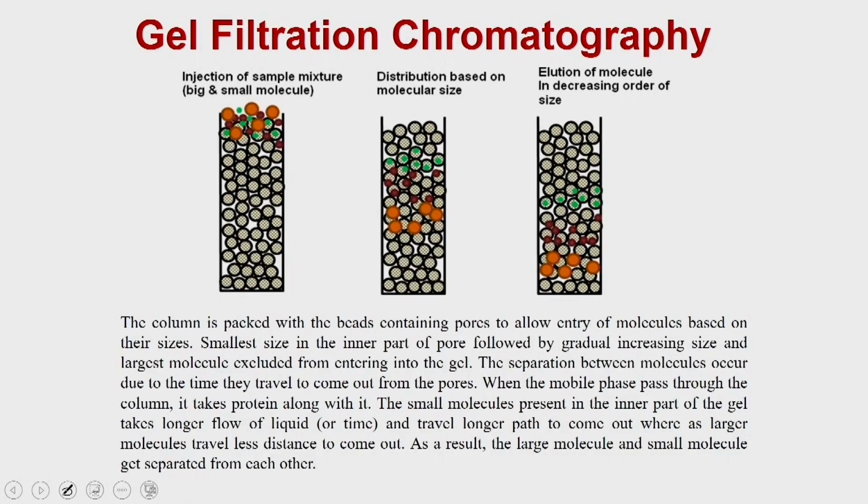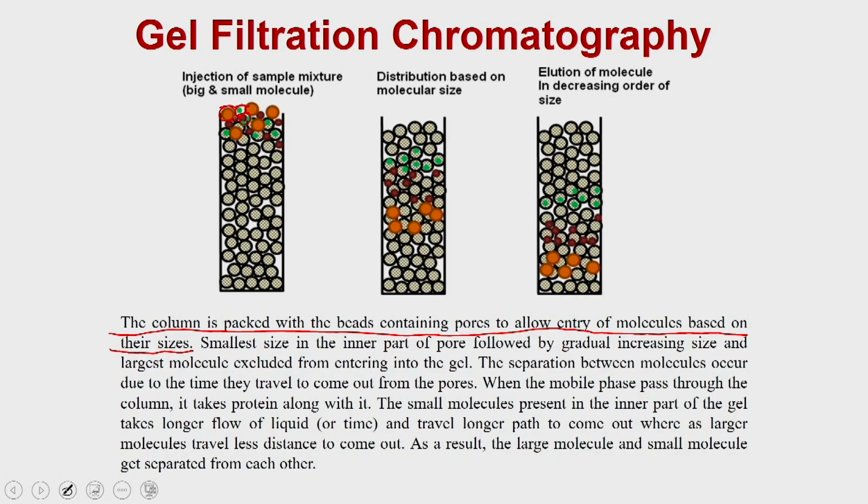Now, let us understand how gel filtration chromatography works. In this chromatography, the column is packed with beads containing pores of different sizes, which allow the entry of molecules based on their sizes. Imagine that you have injected a complex mixture of protein molecules of different diameters, like orange, green, red and so on.